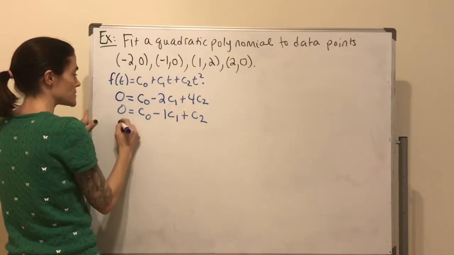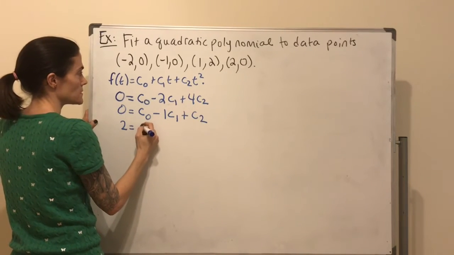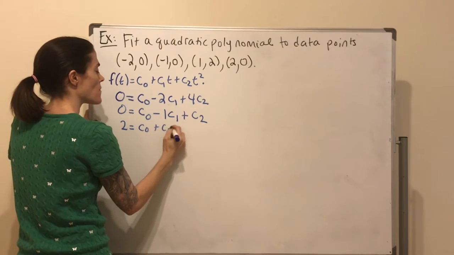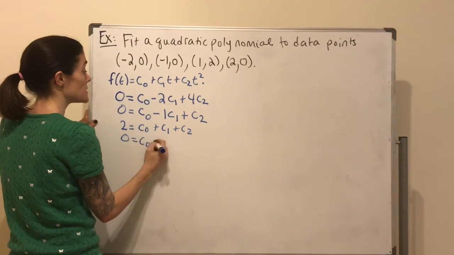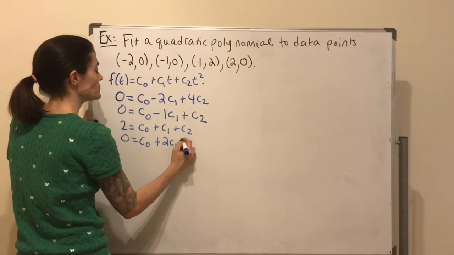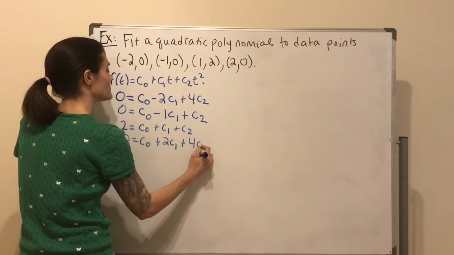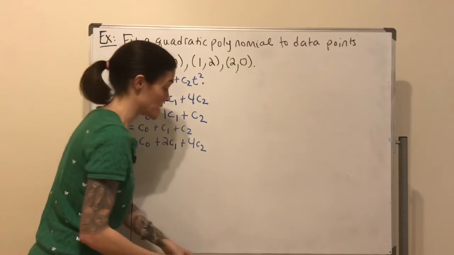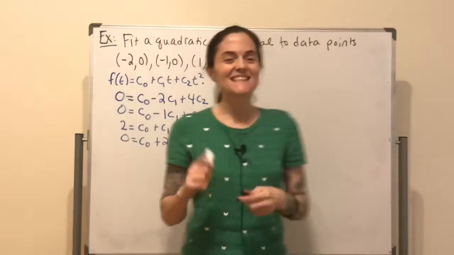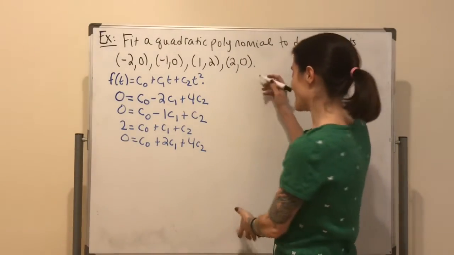It says y is 2 when t is 1. And finally, y is 0 when t is 2. Very nice. So from this linear system, we get our matrix A and our vector B.